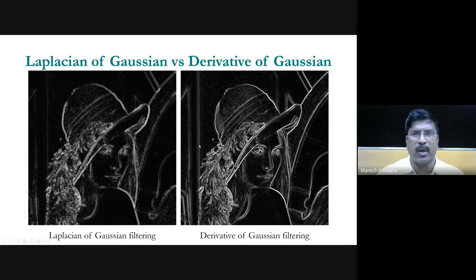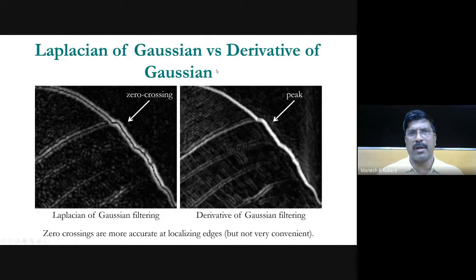So you can use either one as per your requirement. There is no chance of noise here. Both images are really the same. This is another example. Only thing is that here the zero crossings you get from Laplacian of Gaussian filtering, and zero crossings are more accurate at localizing, but not very convenient in this case.